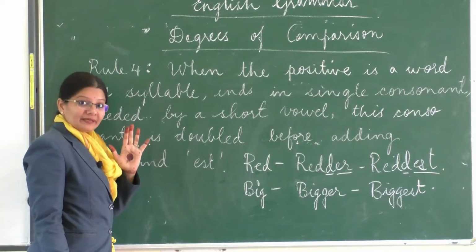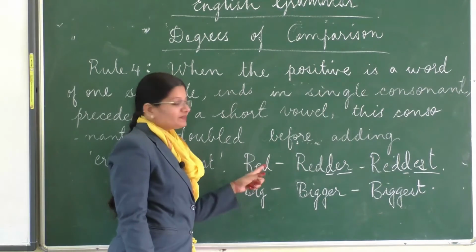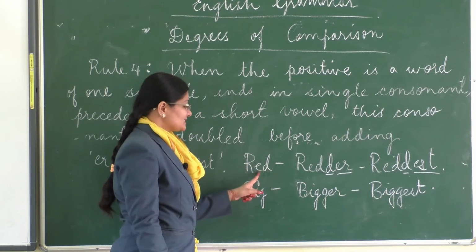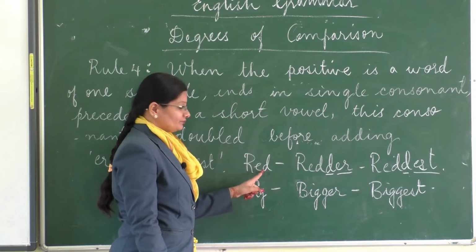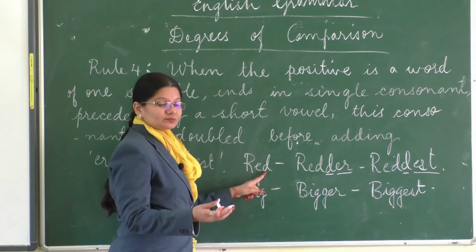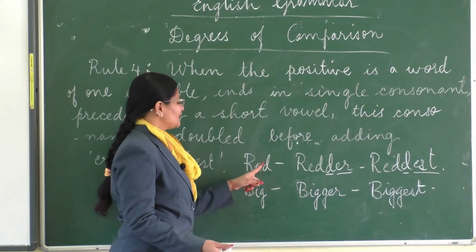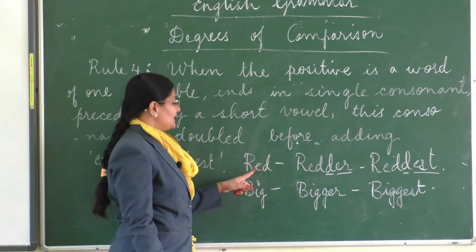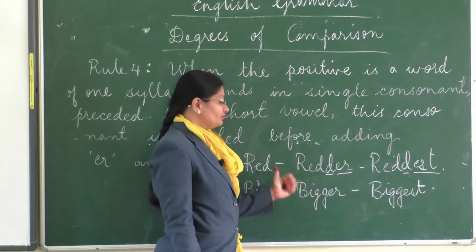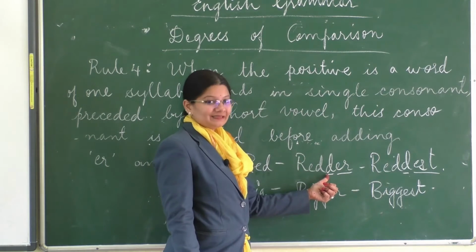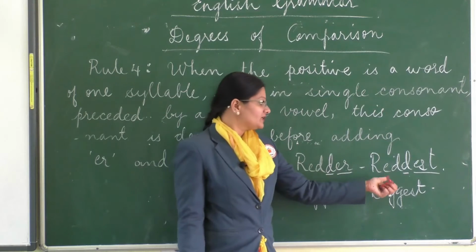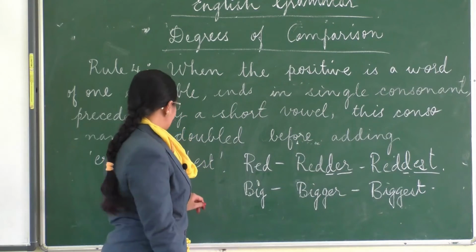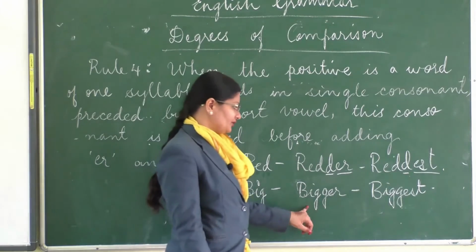So you have to keep in mind that in a positive word, whenever the word ends in a single consonant preceded by a short vowel, we change it to a double consonant and then er for comparative, est for superlative. And then big, bigger, biggest.